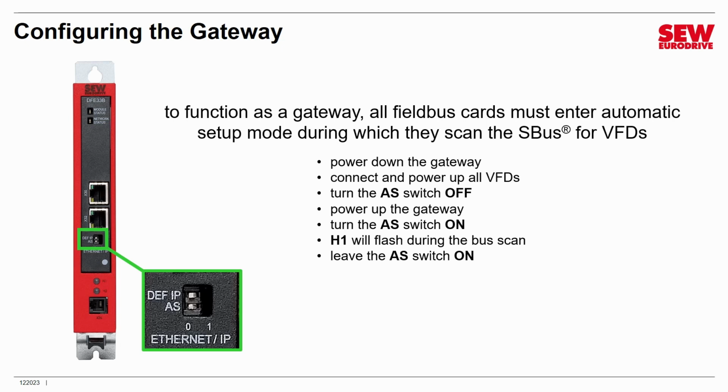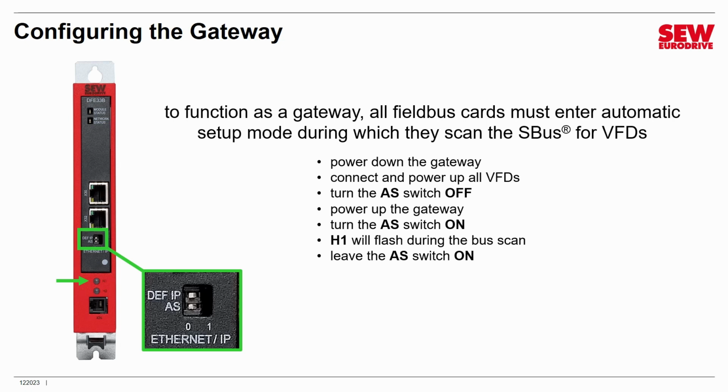You will notice that the H1 LED on the front of the gateway, which is right here, will flash. What it's doing during this time is scanning the S-Bus looking for VFDs, so it's kind of learning its local network. This takes a little time. Eventually, however, H1 will stop flashing, and that means the gateway has learned everything out there.